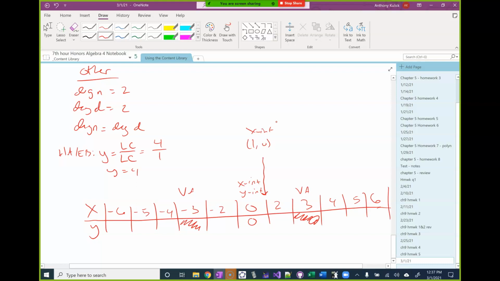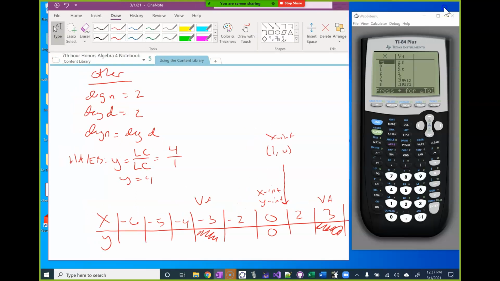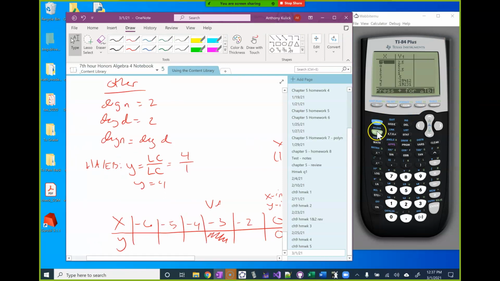You guys cool with that? So I'm going to use my calculator to do this, because again, it's kind of a hassle doing it by hand. So 4x squared minus 4x, all that in parentheses, divided by x squared minus 9, all that in parentheses.